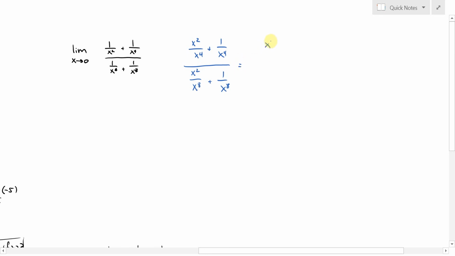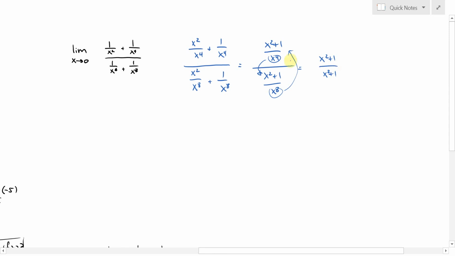So that's x squared plus 1 over x to the 4th divided by x squared plus 1 over x to the 8th. Alright, so the denominator of the denominator comes out to the numerator, the denominator of the numerator becomes the denominator, and so on. So this is going to look like x squared plus 1 over x squared plus 1.